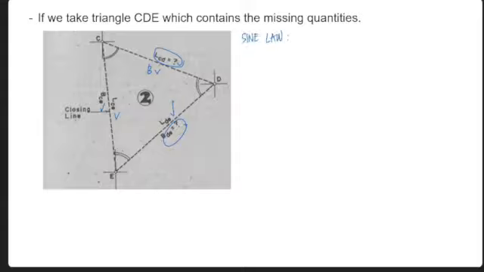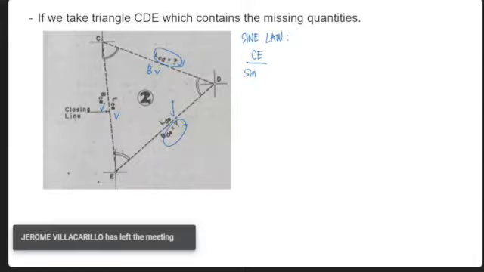So sine law, for example, line CE, which is our closing line, over sine kung anumang angle yung opposite sa kanya.